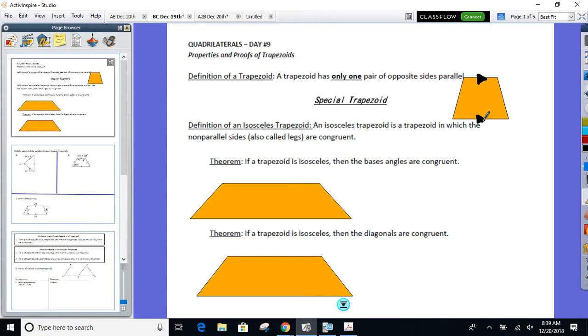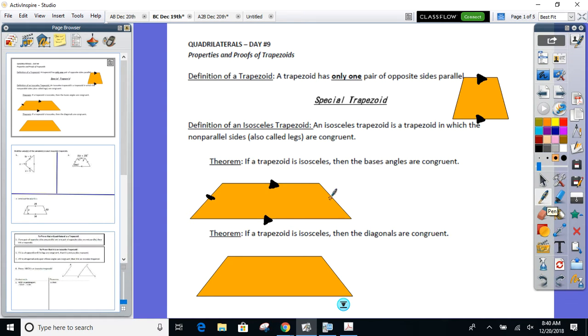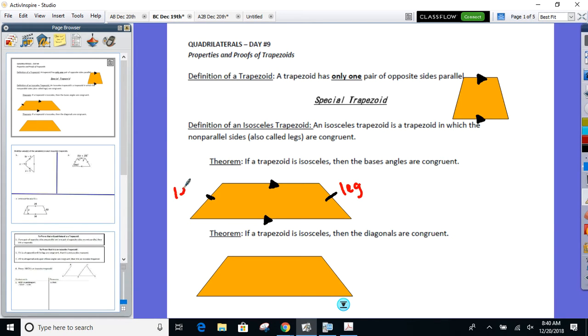Not only does it have opposite sides parallel, if you want to draw yourself one, not only are the opposite sides parallel and one pair is parallel in an isosceles trapezoid, but the other two sides that are non-parallel, they are congruent to each other, and they are called the legs. Okay, the congruent sides are called the legs.